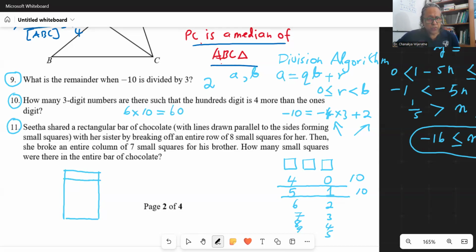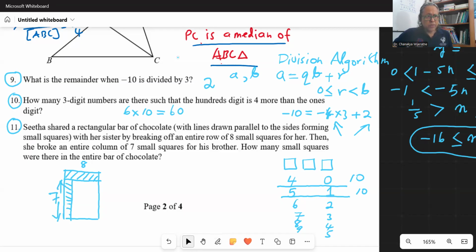So one row is for the sister, and it has 8 small squares. Then she broke an entire column of 7 small squares for her brother. So here is the remaining bar, and then an entire column of 7 small squares for her brother.